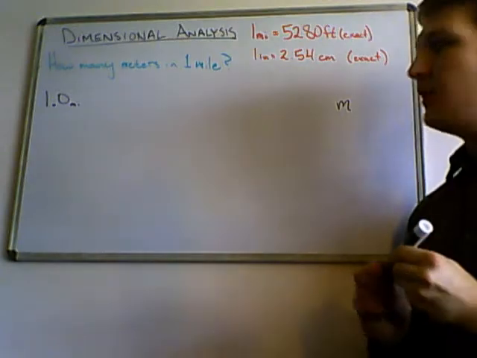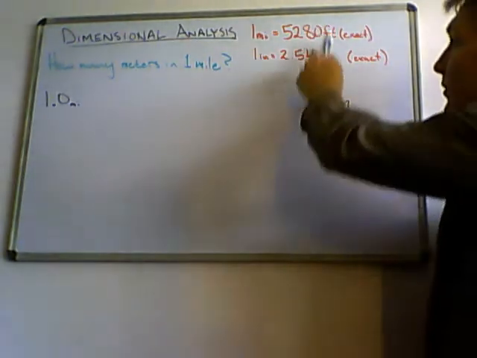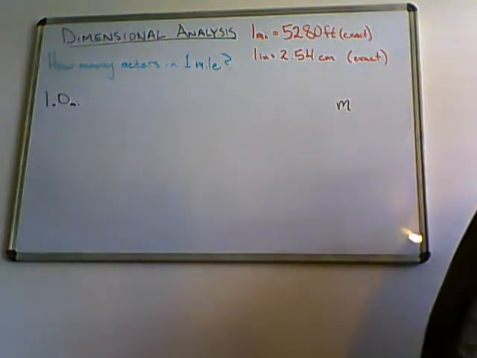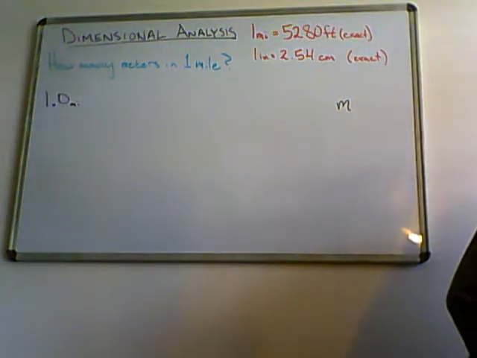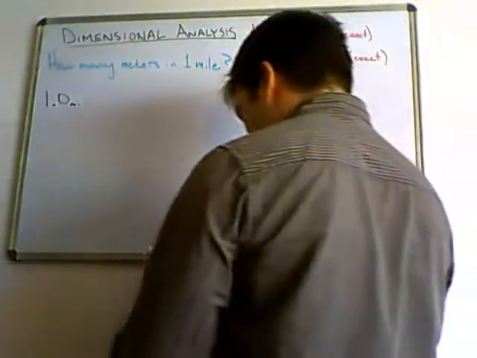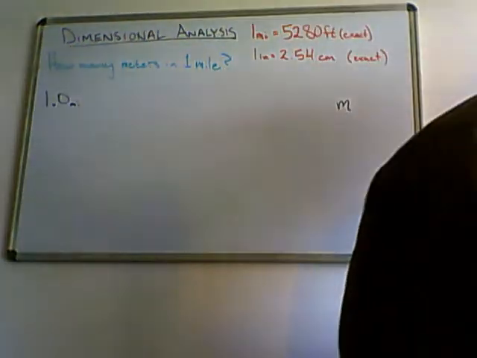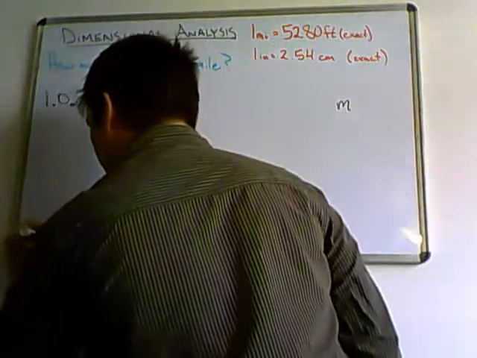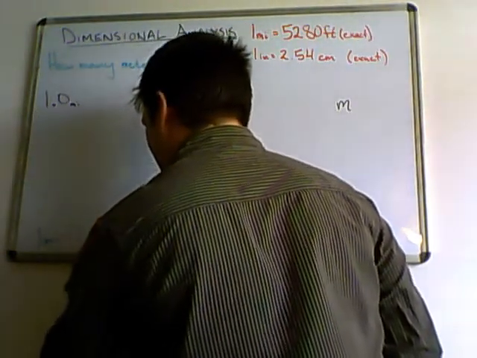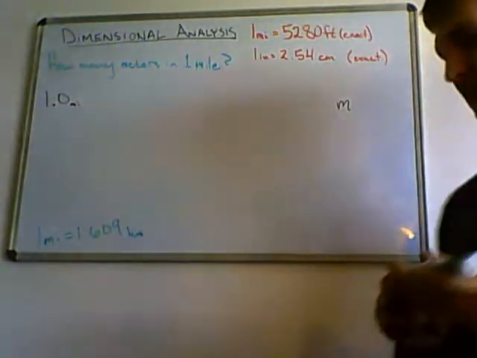Now you might be saying, well, Justin, why bother with all of this stuff? Because I could just look in my book here, and it says 1 mile is 1.609 kilometers. Let's write that down. 1 mile is 1.609 kilometers.